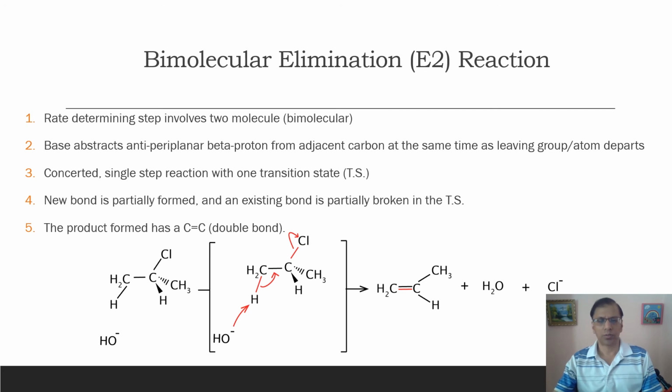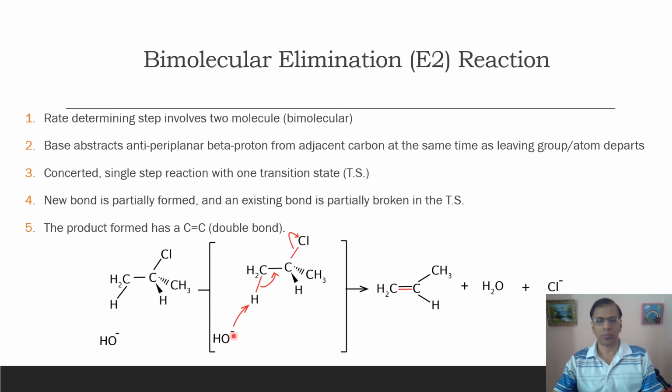In this particular case, we have the hydroxide. You have the beta proton. This is the leaving group. You can see the hydrogen that will be abstracted is opposite to the chlorine. That's very important. That's called anti-periplanar.